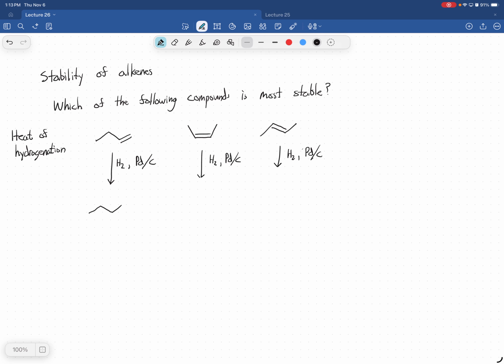And you'll notice that you'll get the same product no matter where the double bond is. But here, the delta H of reaction is much different for each of them. So we have kcals per mole. All right, so since the starting alkene was different, you're going to get different amounts of energy.